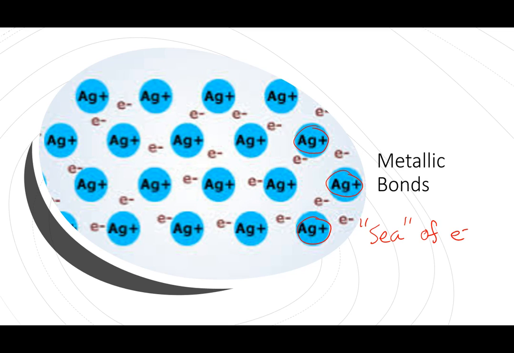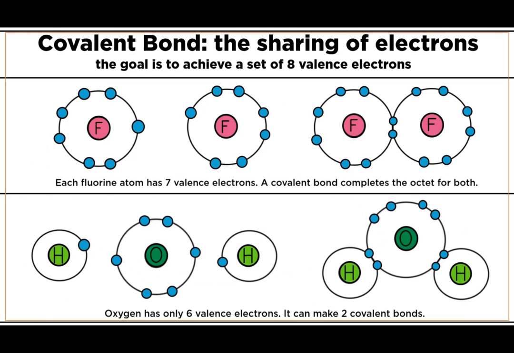Metallic bonds, they sort of share their electrons throughout, but they're not filling valence shells in particular. They're sort of just moving around, and that's what gives metals their metallic characteristics as well. They conduct electricity very well because electrons can just pass right through and carry their charge. All right, so that's metallic bonds.